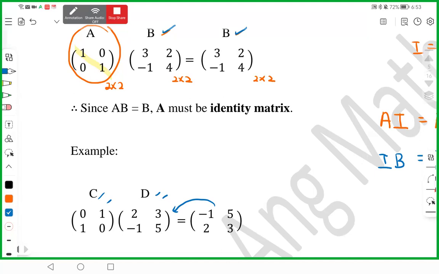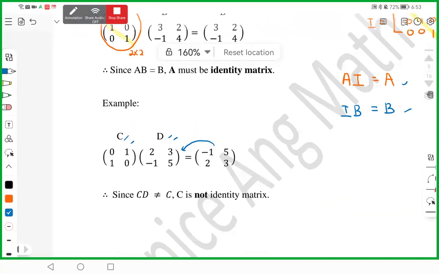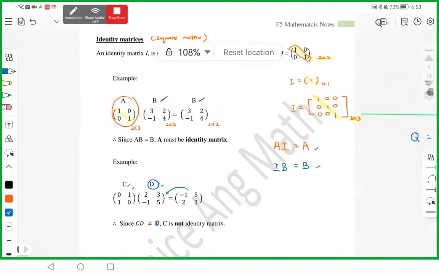No, because the answer is not the same. It's not an identity matrix because it's not the same as the original matrix. So we can just write like this: CD is not equal to D. Hence, C is not an identity matrix. Just like that only.